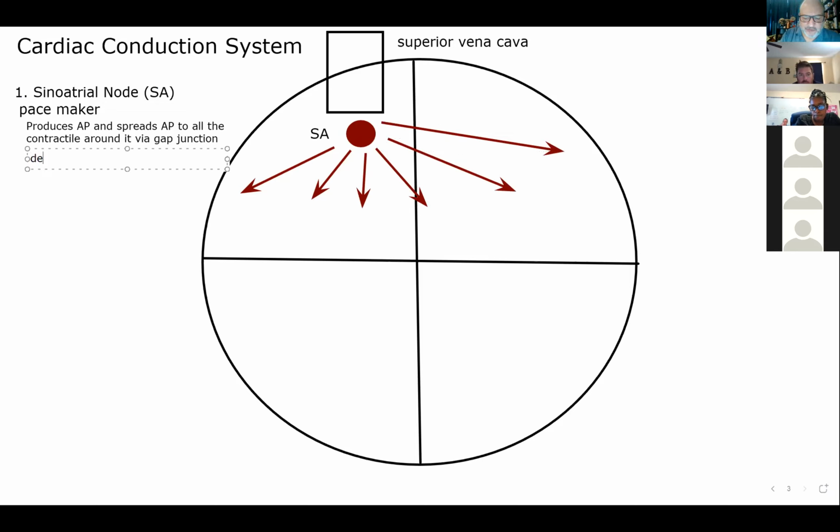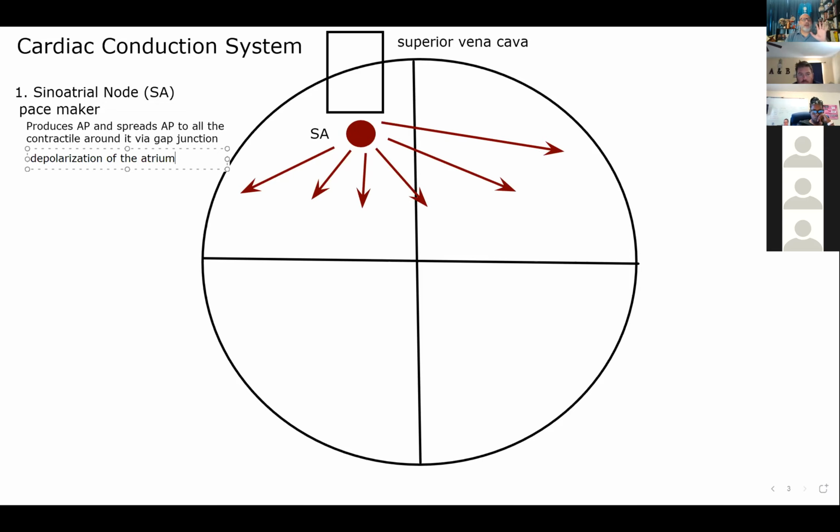This leads to the depolarization of the atrium. And again, that makes sense. If you stand at the end of the pool and throw a big rock into the pool, it produces a wave, and that wave spreads. And that's exactly what happens here.